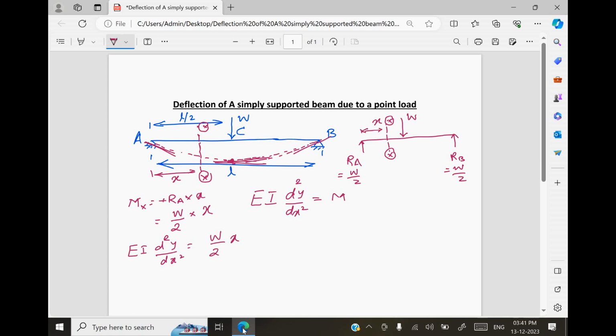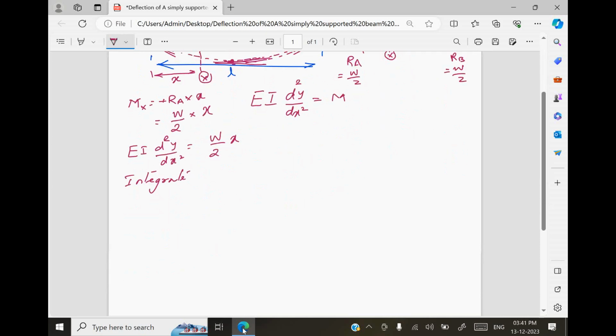Now we will integrate. If we integrate, what value am I going to get? Let me write the equation also. The integral of d square y by dx square into dx equals the integral of W by 2, which is constant, into x dx.